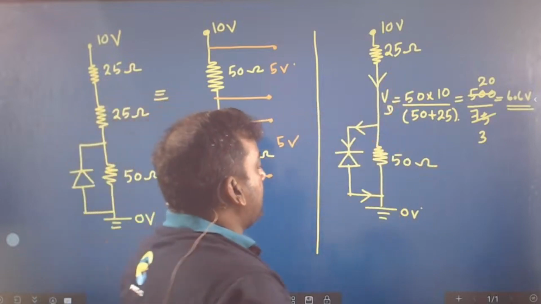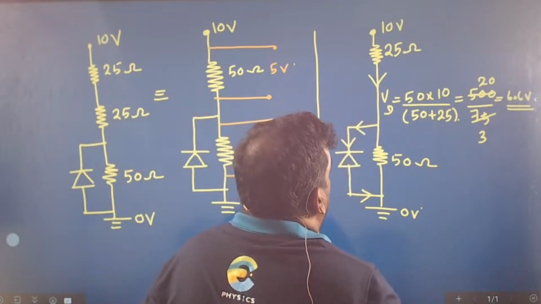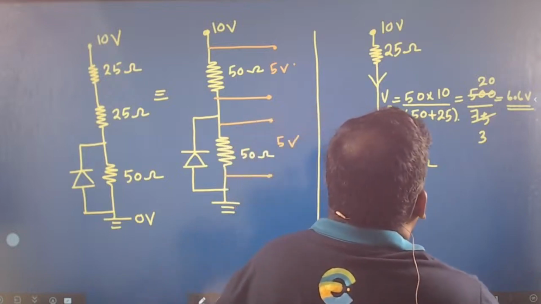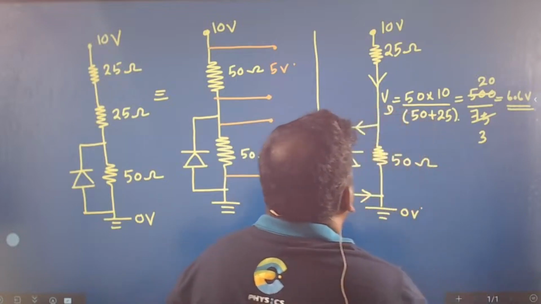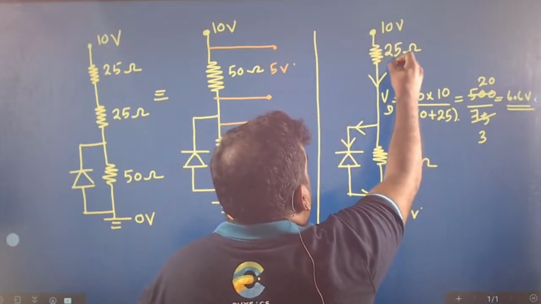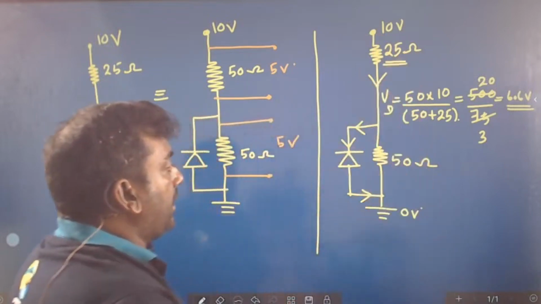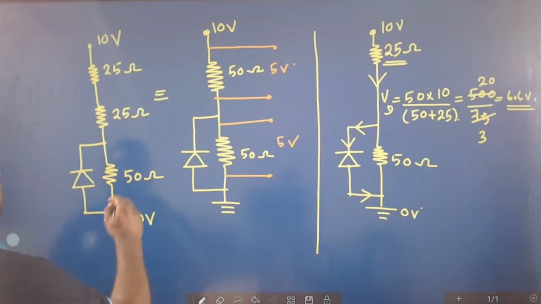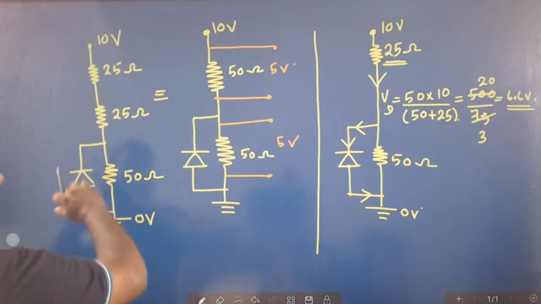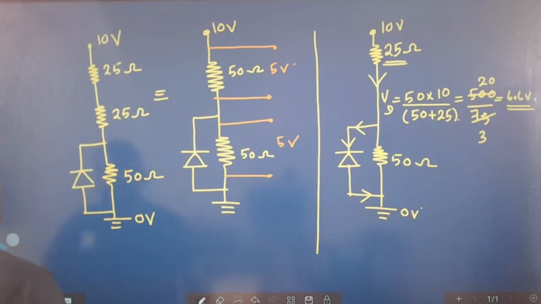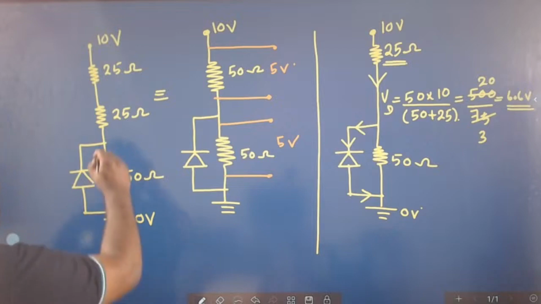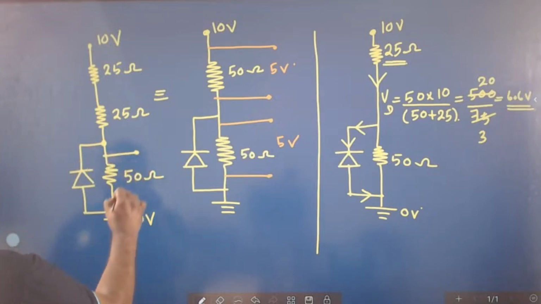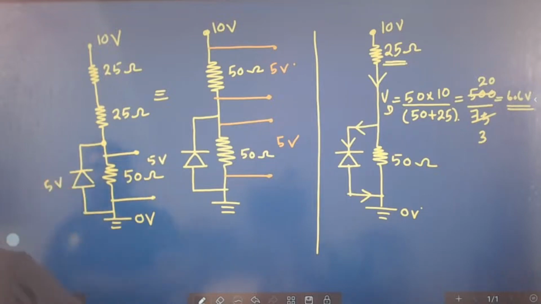So what will be the voltage? Look at this. So here 25 ohm is there. What can you say about this? Here you will get 50, 50, 5 volt, 5 volt. So breakdown voltage 5 volt means here 5 volt is taking place. 5 volt there means 5 volt here.